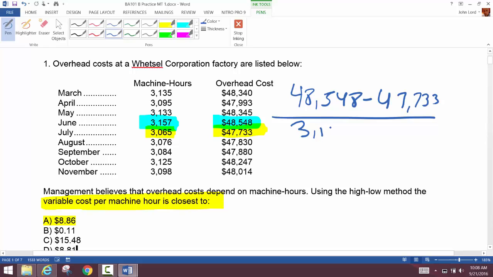3157 minus 3065. And when I do that, anybody got the math for me on that? It's going to be 815 over 92.